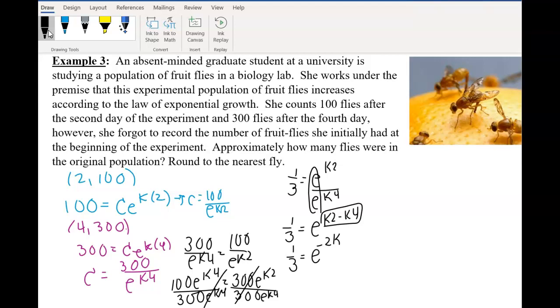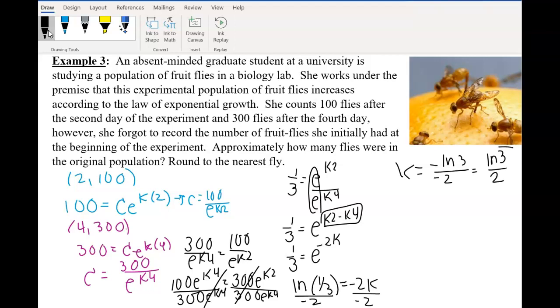How do you get rid of your e? So we get that our k is the natural log of 3 over 2.